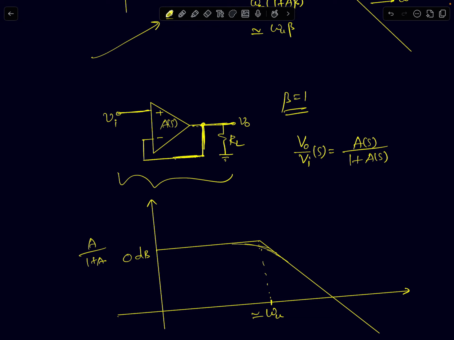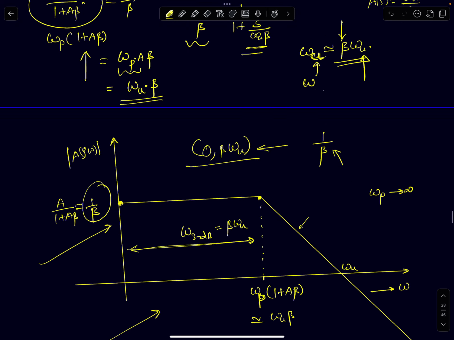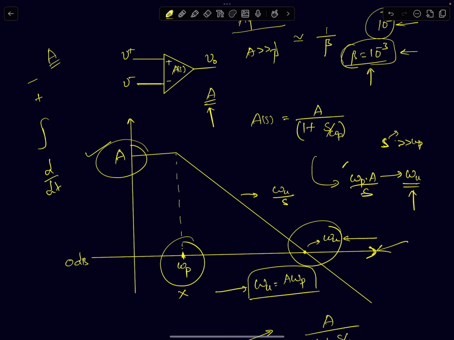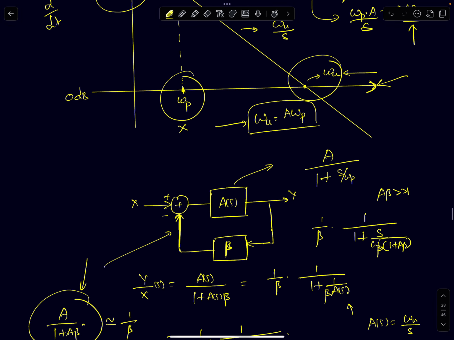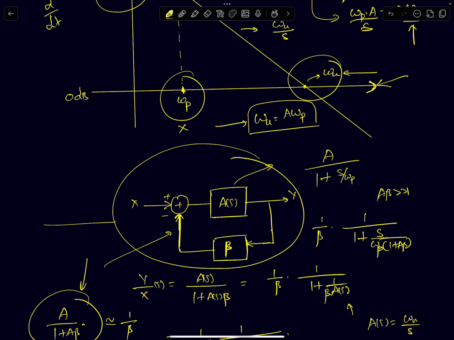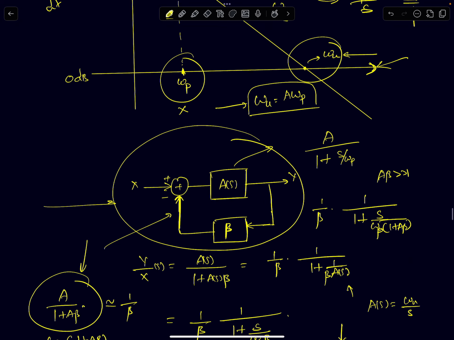And a voltage buffer can be very easily modeled as the control loop model that we discussed in the previous slide. It can be mathematically modeled by this control loop model. Beta equals 1, and you can easily model that in this way.